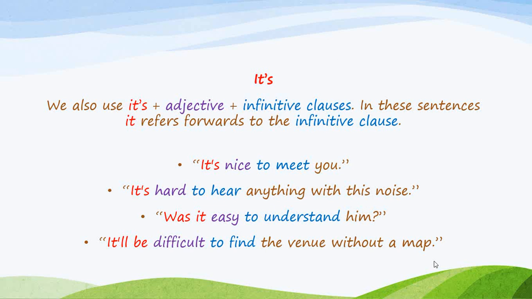We also use it's plus an adjective and infinitive clauses, okay? Infinitive clauses are phrases where we use verbs in the infinitive form with the particle to before the verb, okay?